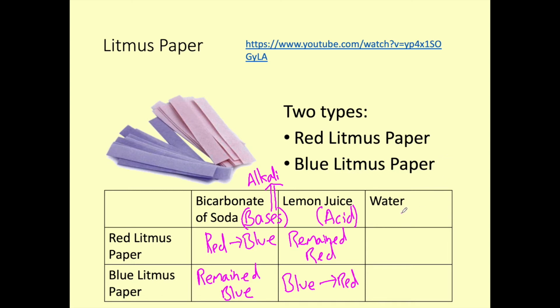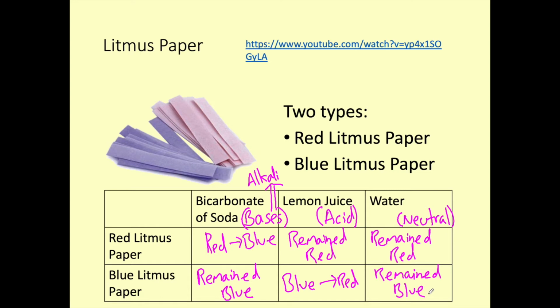Our water is an example of something which is neutral, so it is neither acidic nor alkali. And here our red litmus remained red, and our blue litmus remained blue.